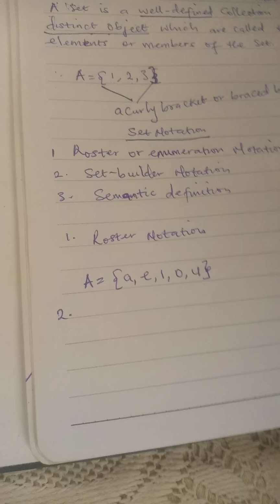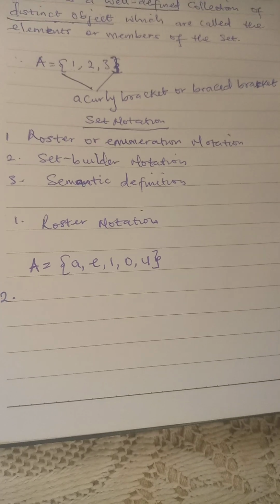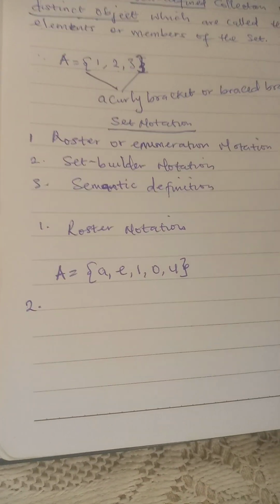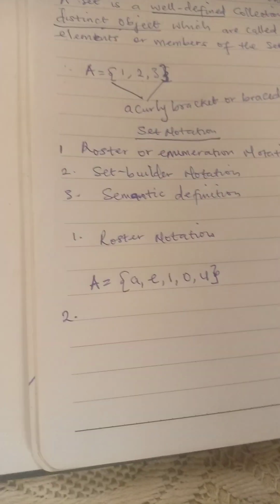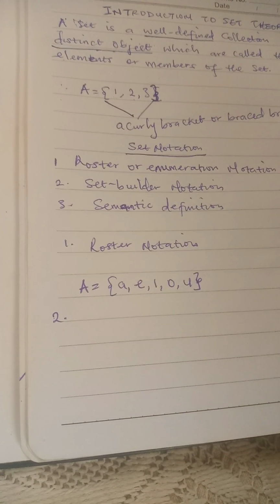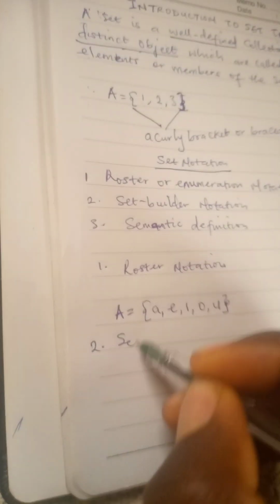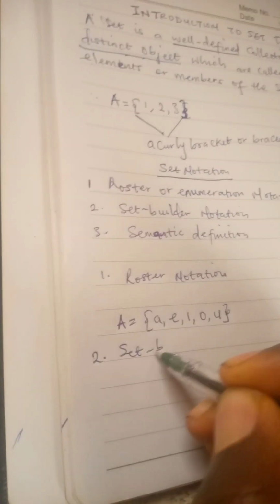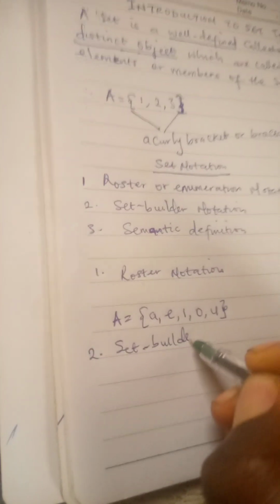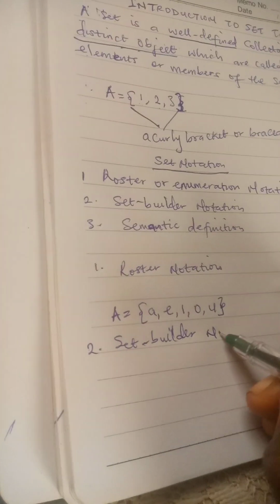All right, set builder notation involves representing a given set by proper description. So please, we can underline the words proper description. All right, so which means that for set builder notation, it is mandatory that we give a proper description to the set.